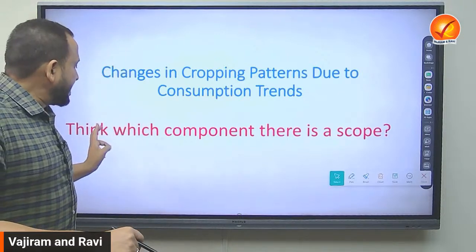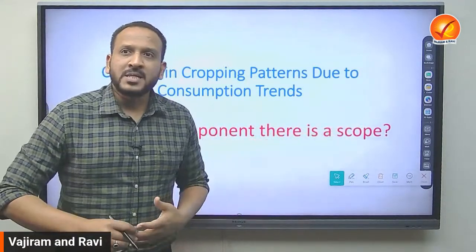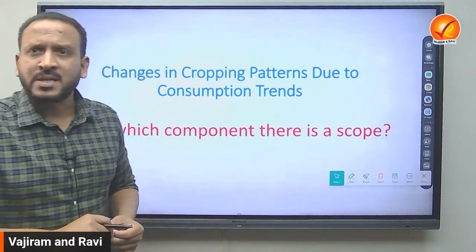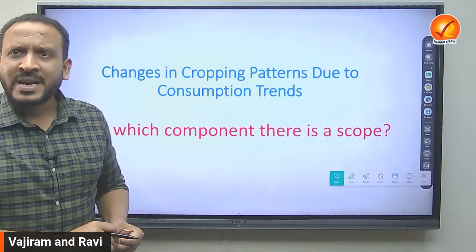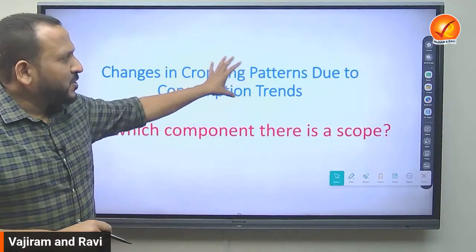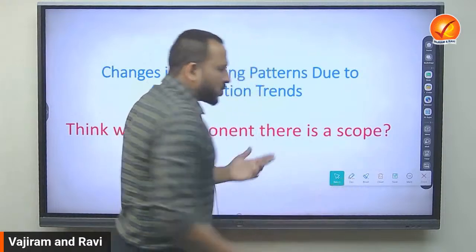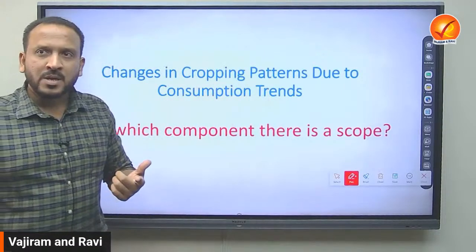So first, think about which components there is scope to break down. Trace changes in consumption trends. What else? First you need to identify which component you are going to break down.